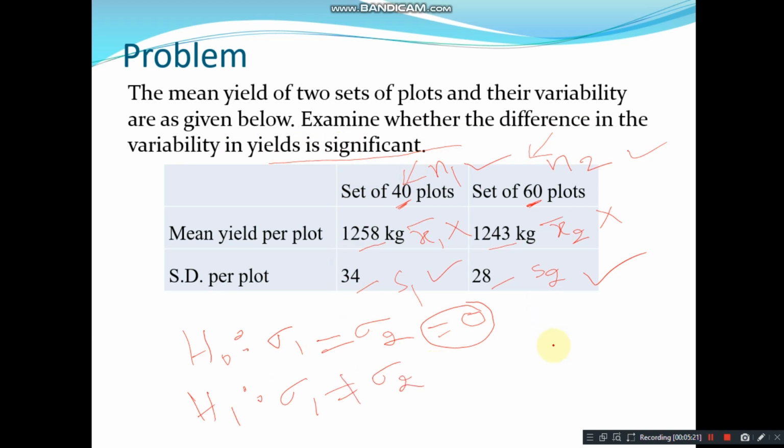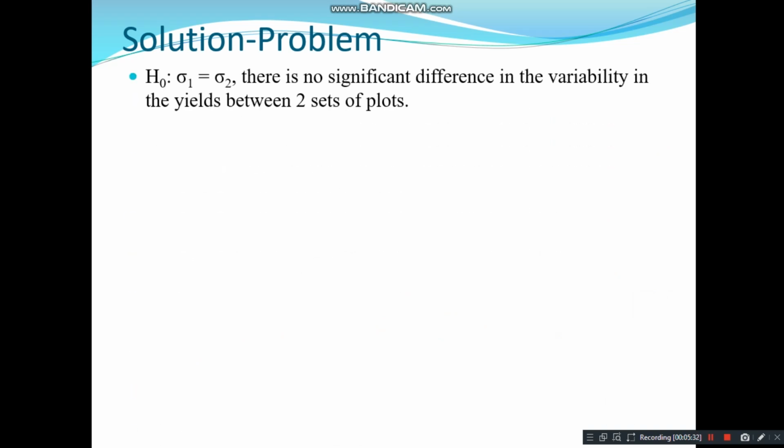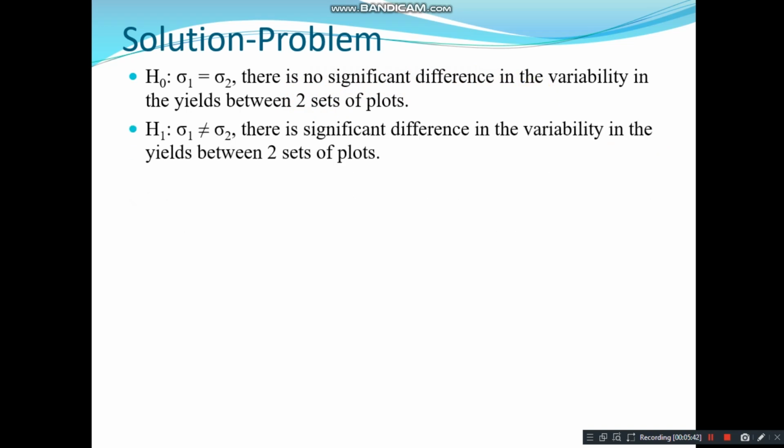The level of significance is not given, so let us take 5%, that is 0.05. H naught: there is no significant difference in the variability in the yields between the two sets of plots. H1 gives a significant difference.